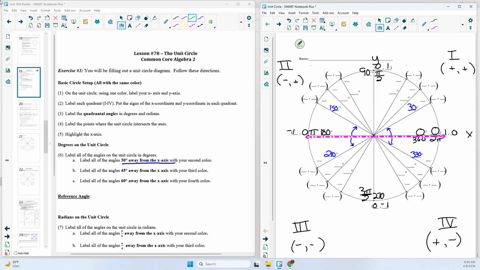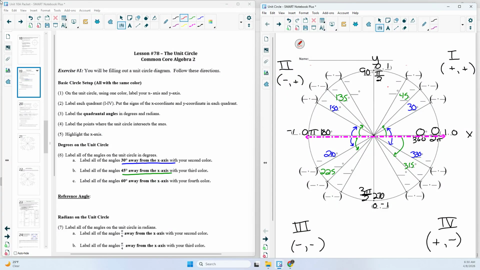I'm going to use green for everything that's 45. So this is 45. Here I would do 180 minus 45, which is 135. 180 plus 45 is 225, and then this one is away from 360, so I put in 315, 360 minus 45.